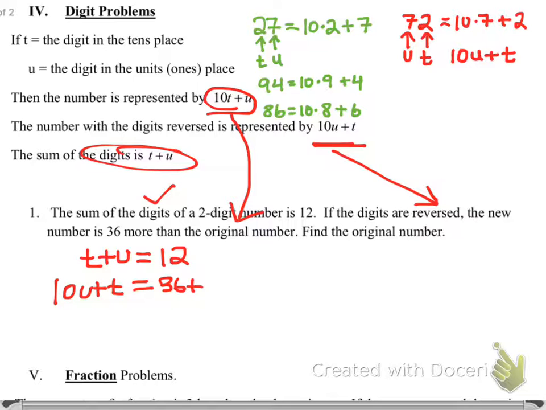So 10u plus t equals 36 plus 10t plus u.